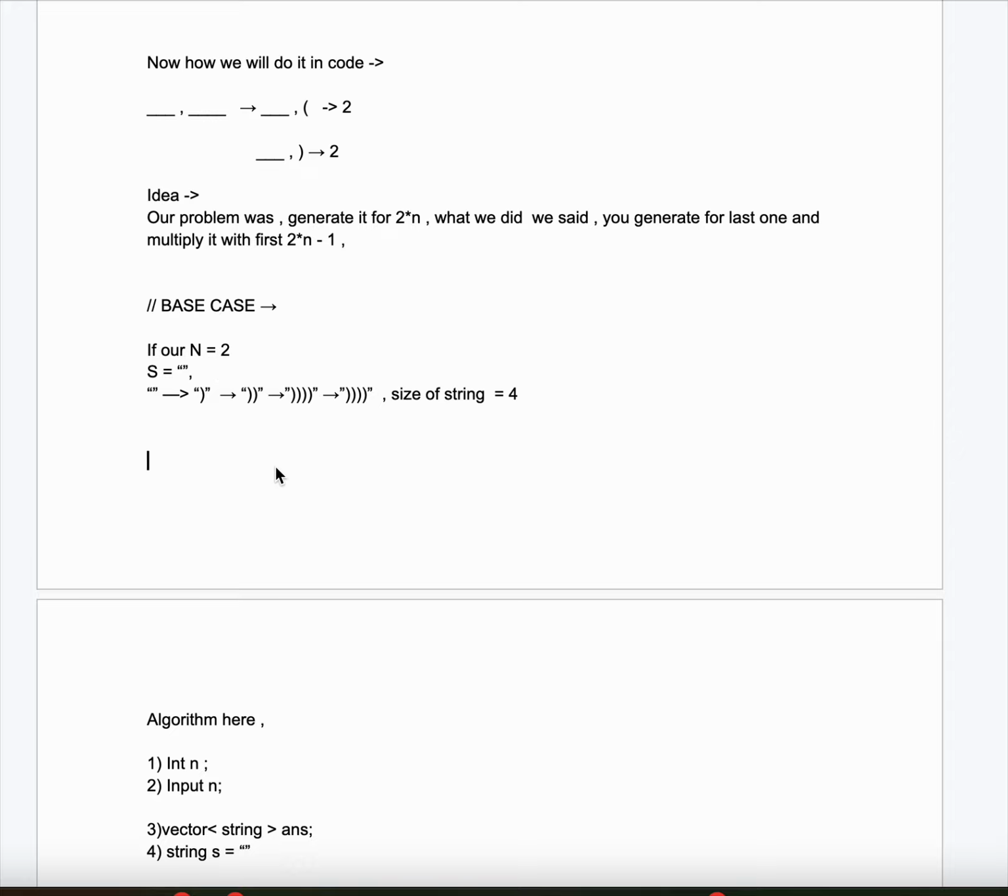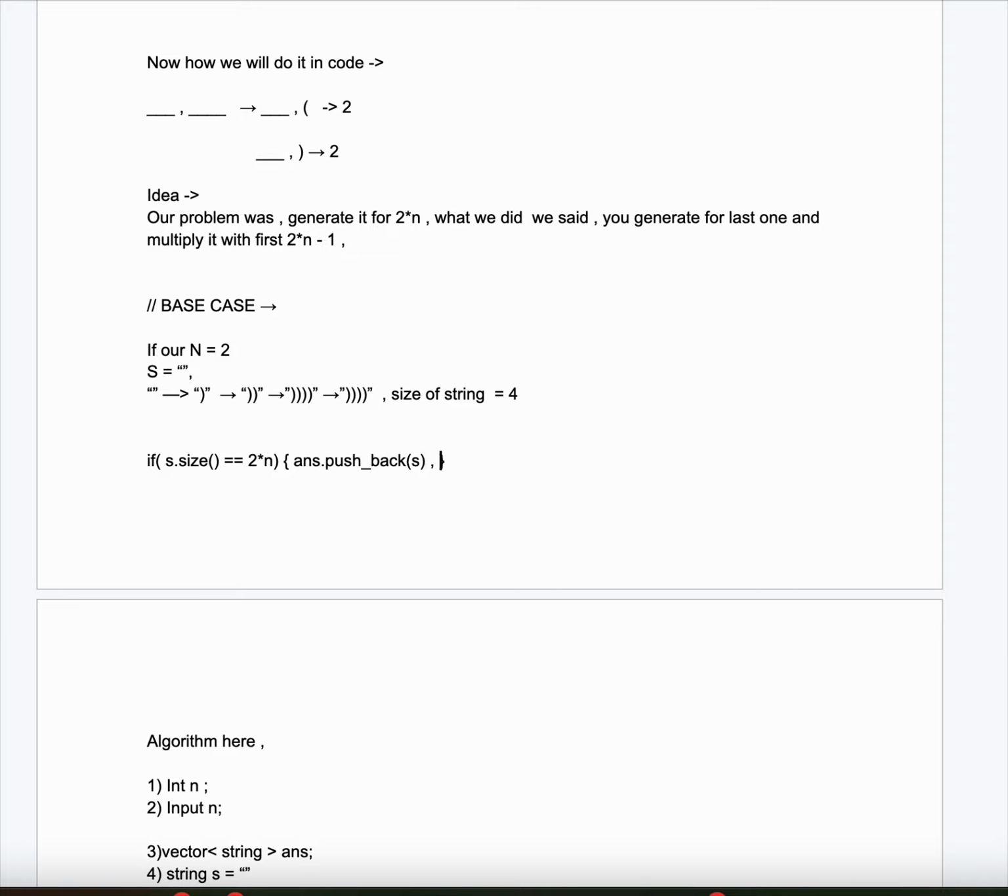So what should be the base case? If s size equals 2 times n, then we can store the answer: answer dot push back s, and we can return here.